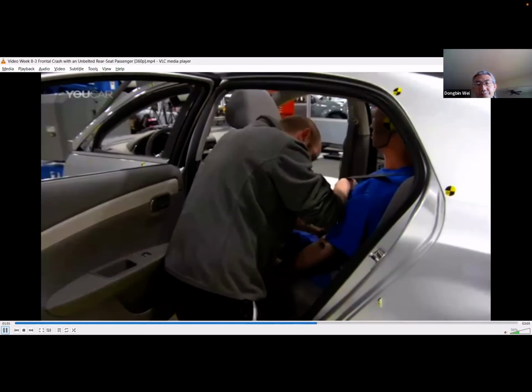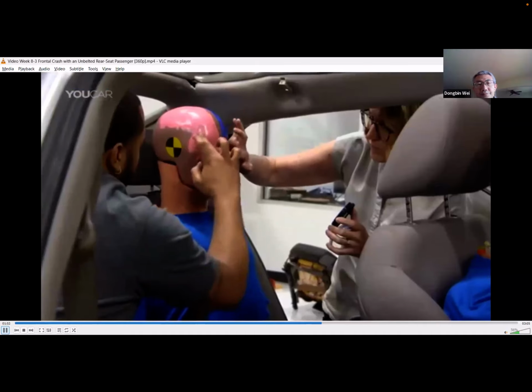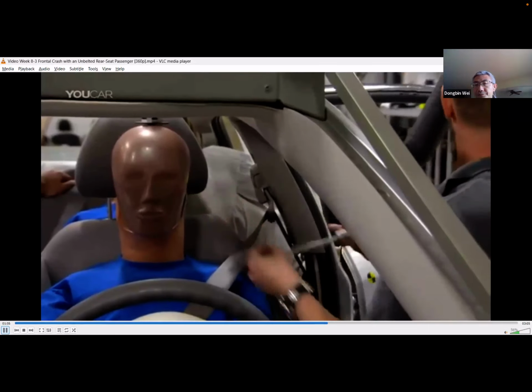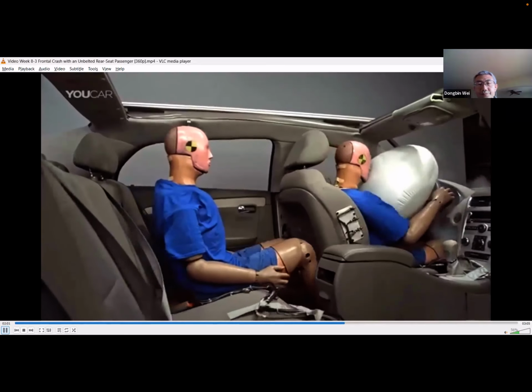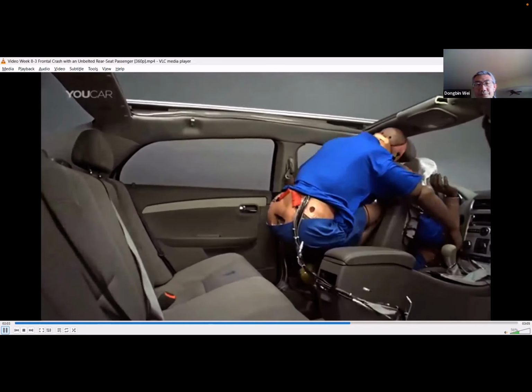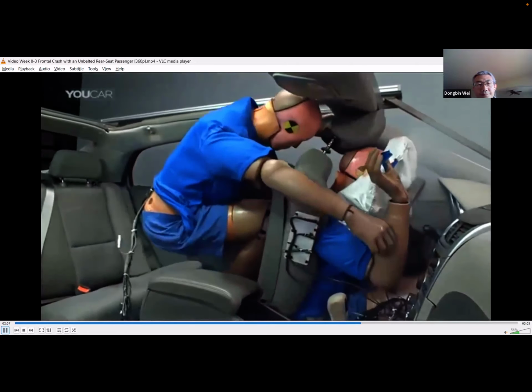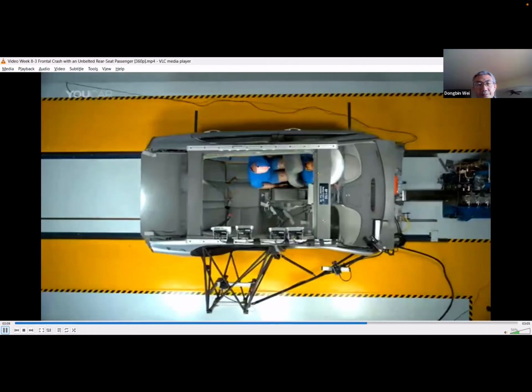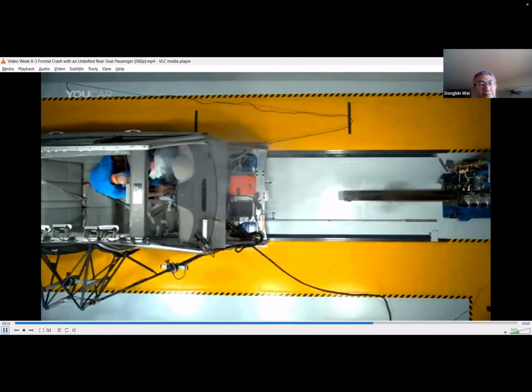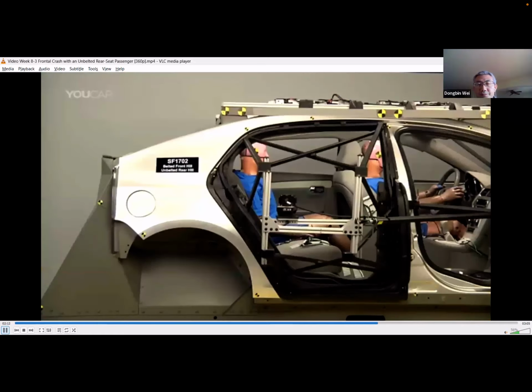We recently conducted a test to show what can happen when there's a crash and the person in the back is unbuckled. In a simulated 35-mile-per-hour impact, the unbelted dummy slams into the back of the driver's seat, pushing the driver dummy into the deploying airbag and steering wheel. Drivers are twice as likely to be killed in crashes when the occupant behind them is unrestrained.